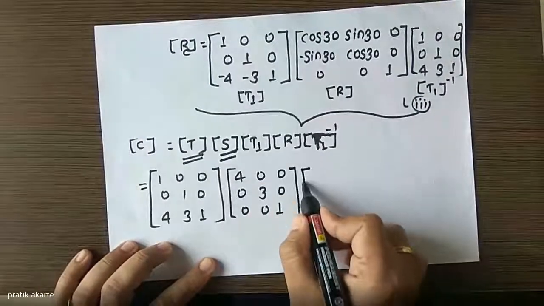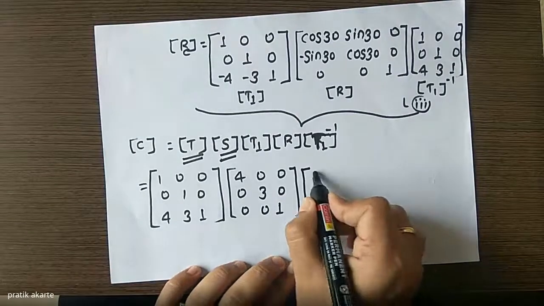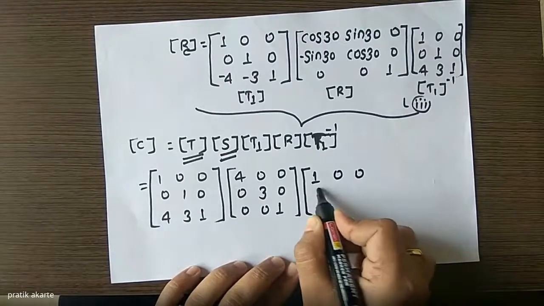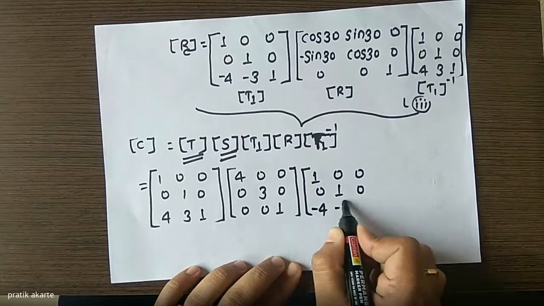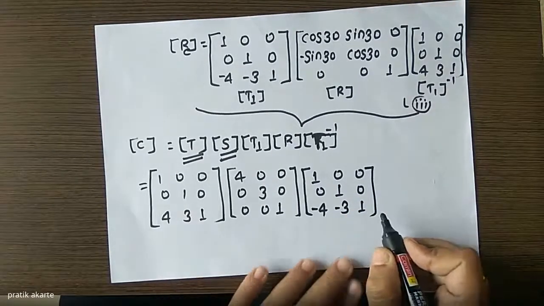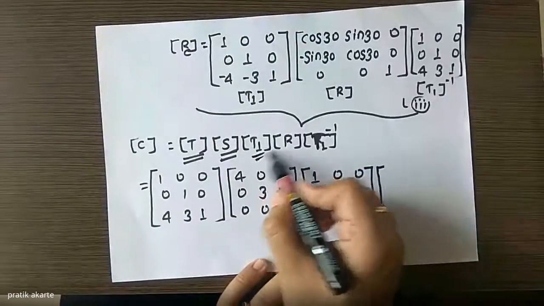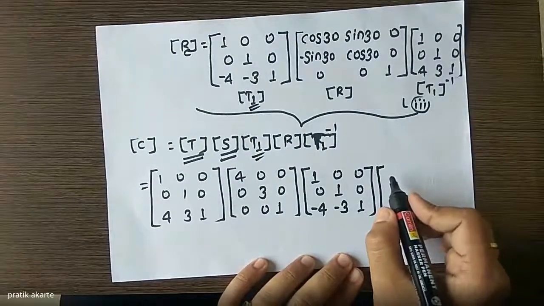Then the translation that we have used for rotating about an arbitrary point. So 1 0 0, 0 1 0, minus 4 minus 3 and 1. Then this translation.